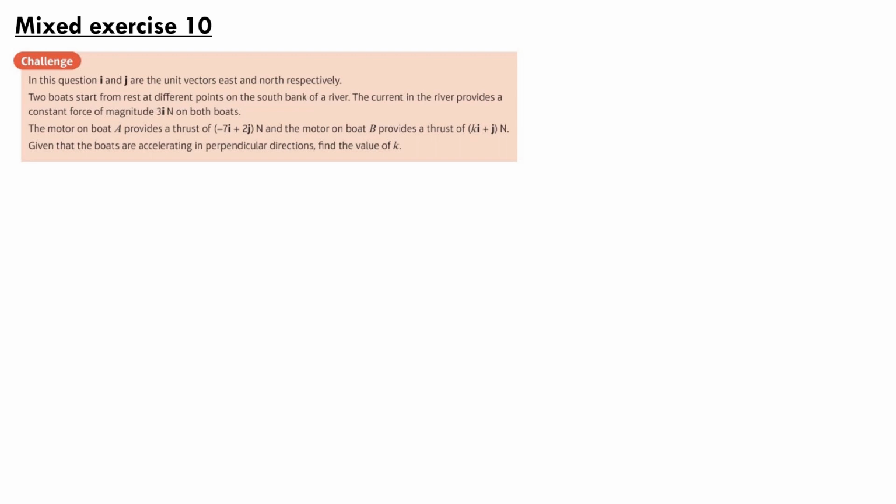So we can start by finding the resultant forces for boat A and boat B. So for boat A, let's call the resultant force RA. That is equal to the current in the river, so that's 3i, plus the thrust from the motor, that's minus 7i plus 2j. And so we get 3 minus 7, so that's minus 4i plus 2j.